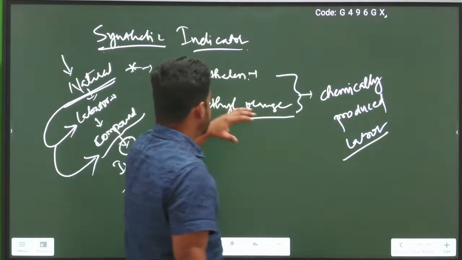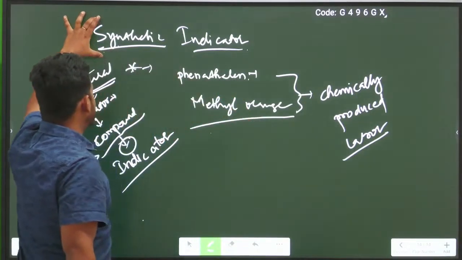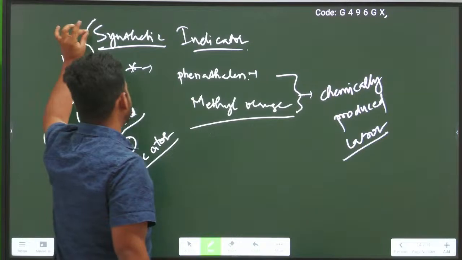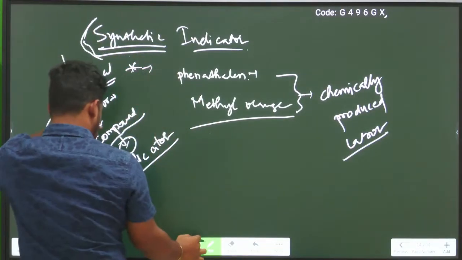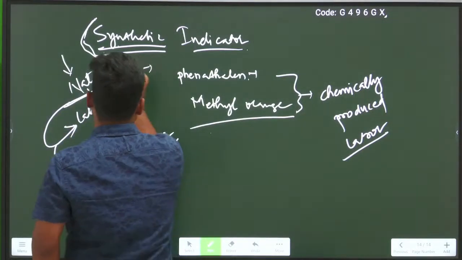Okay, these are chemically produced in the laboratories, so they are called synthetic indicators. Synthetic indicators. This point you have to remember. What is the point you have to remember?